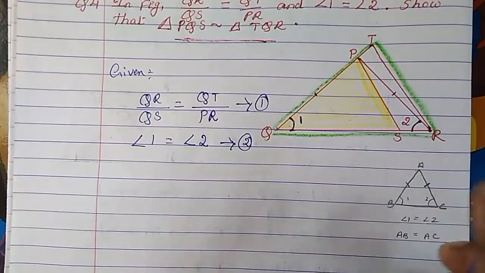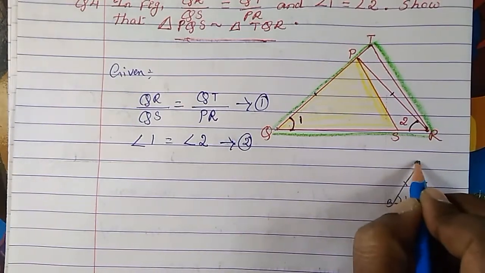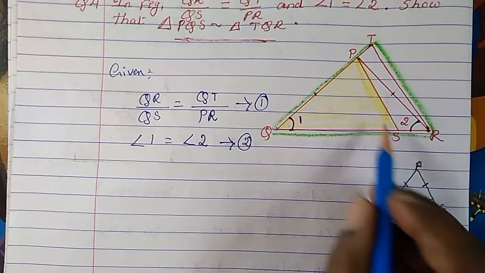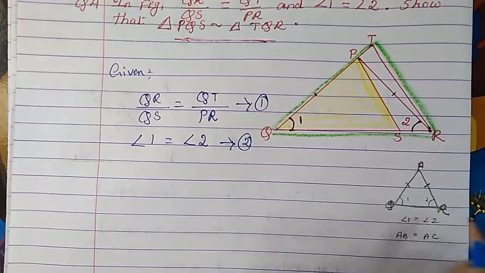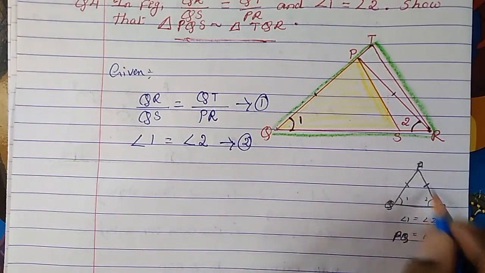Let us take this as P, this is Q and this is R. Triangle PQR, then PQ will become equal to PR.